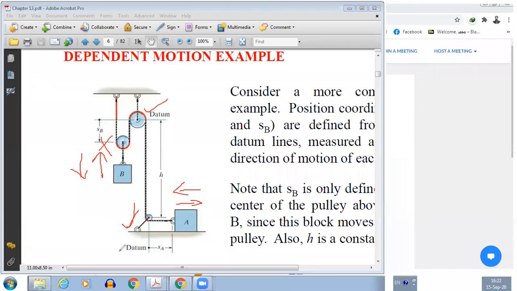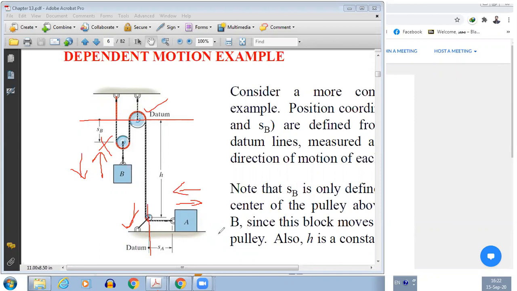So that is the first point: specify the fixed reference. Second point, draw the datum line. Motion of B will be up or down, so my datum line should be like this. Motion of A could be horizontal, right or left, so my datum should be vertical.